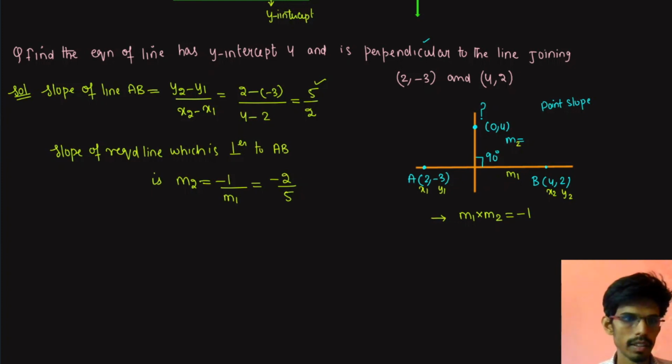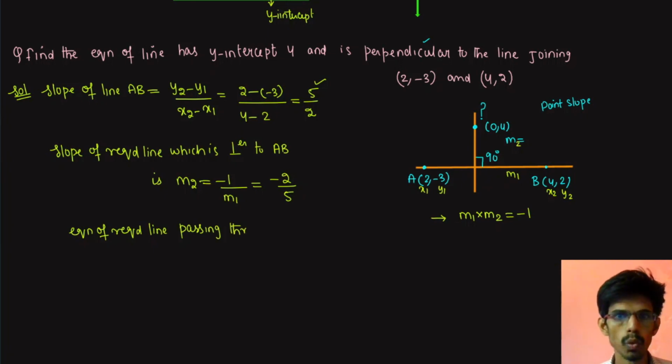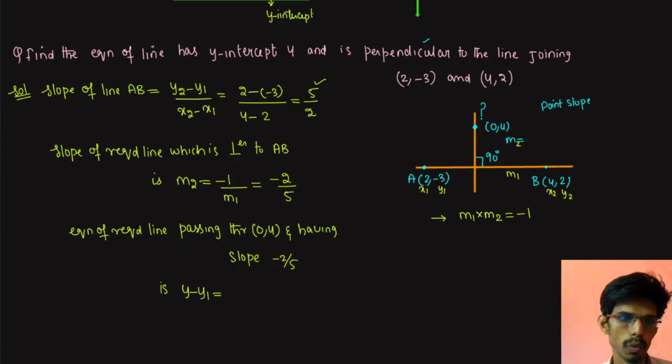Now the equation of the required line passing through (0, 4) and having slope -2 by 5 is y minus y1 equals m into x minus x1.